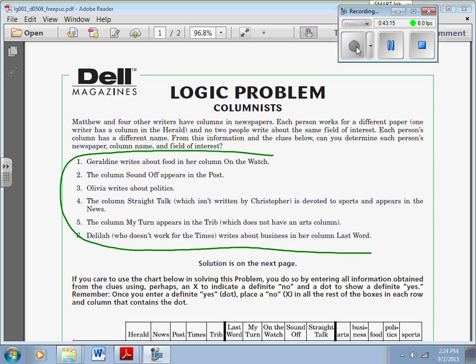Now, each person has a column, and the clues that are given, you're going to give the person's newspaper, column name, and field of interest, okay? Now, this is going to be done at home, okay? You can stay and finish it right now, but I'm going to give you the opportunity to do that at home.